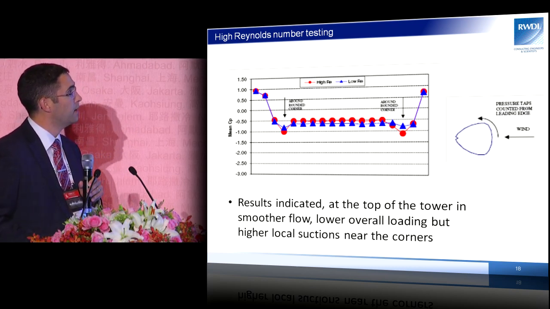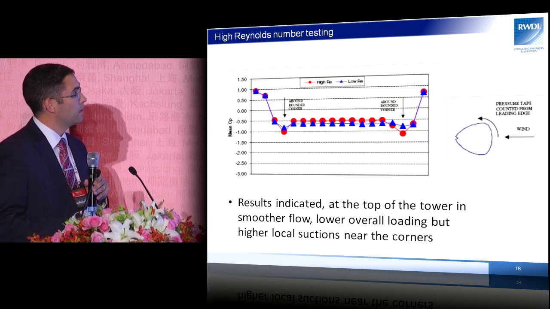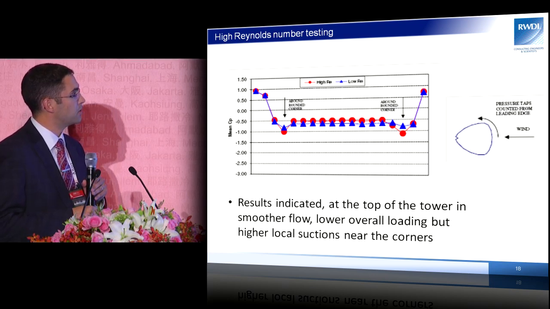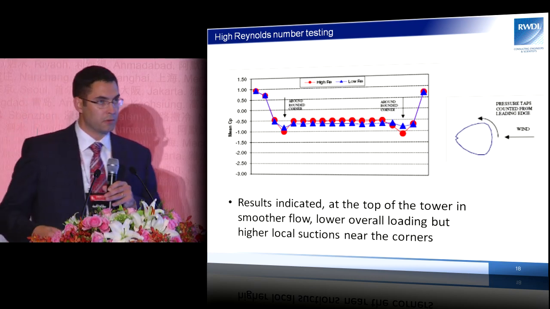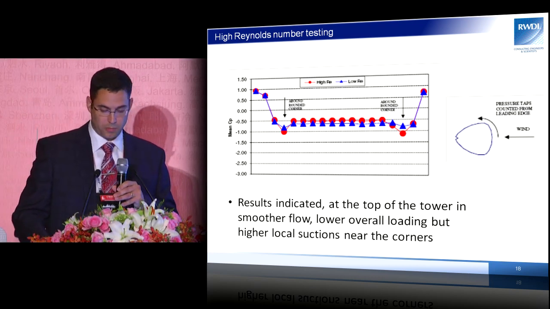But we did see at the top that there was a reduction in drag. But more importantly, or as importantly, we found that there was an increase in pressure, or a concern about increase in pressure, just around these regions which correspond to the corner. So that influenced our recommendations on the curtain wall pressure.